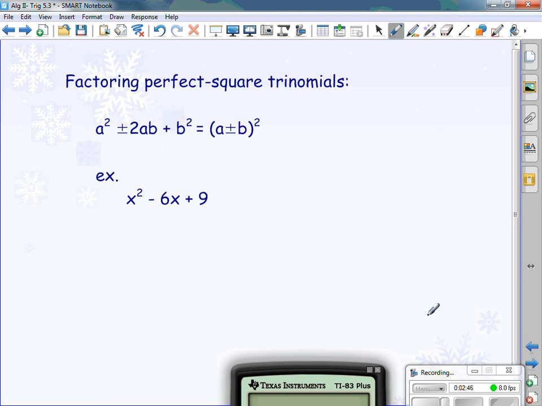Perfect square trinomials. a squared plus or minus 2ab plus b squared is equal to (a plus or minus b) all squared. I know that makes 0 sense to you right now. Just write that down, write the example down, then I'll show you.